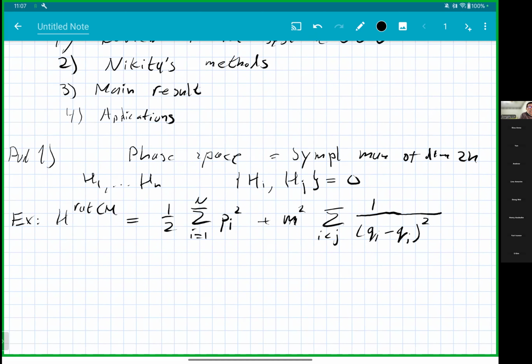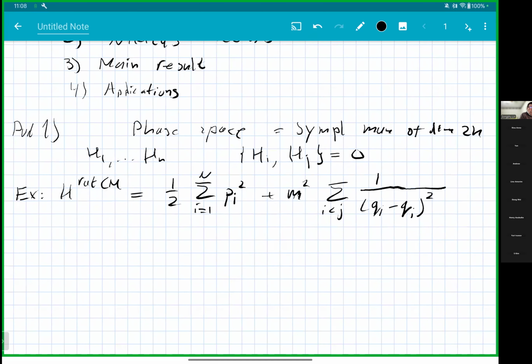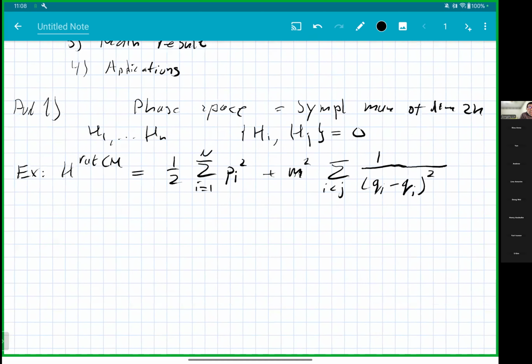Technically there is a question of what kind of potential we should allow. Maybe I should have included a broader definition to write down such a Hamiltonian. But I don't want to focus on it too much.